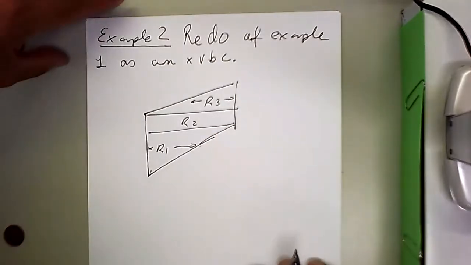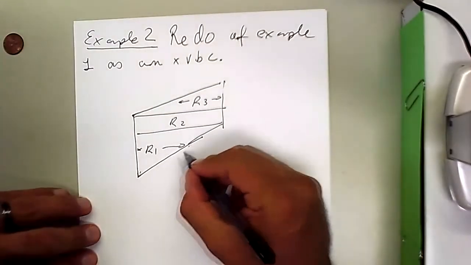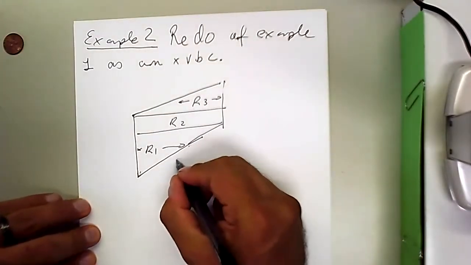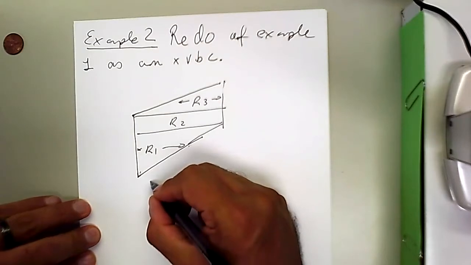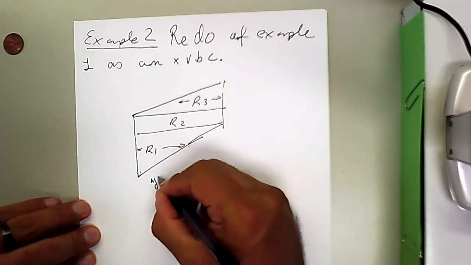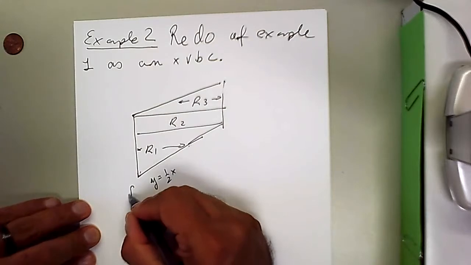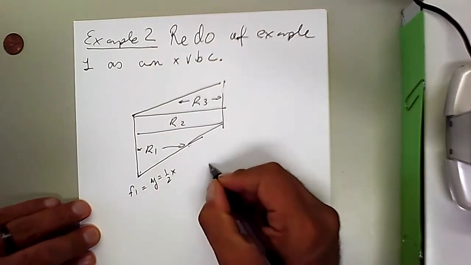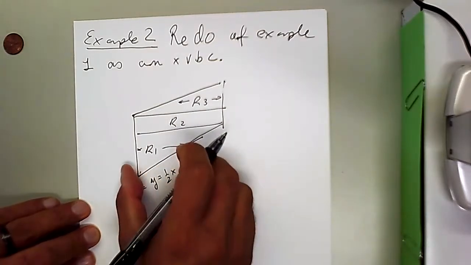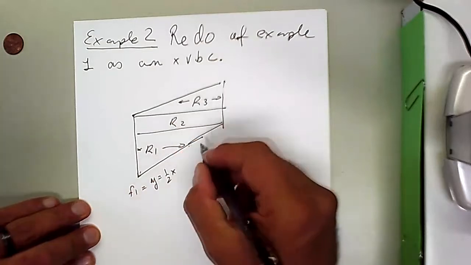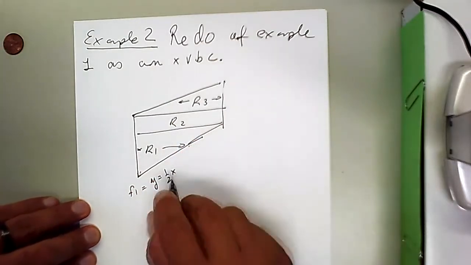All right. Remember, this was and is y equals half x. That is the function f1. But because we're going to see things from the other point of view, this is the same thing.